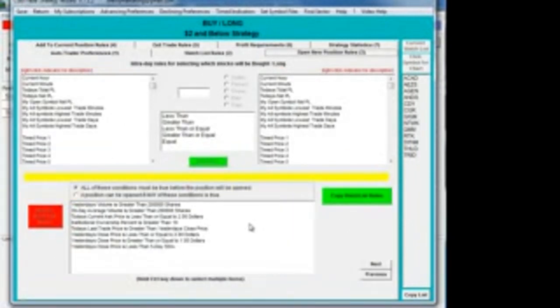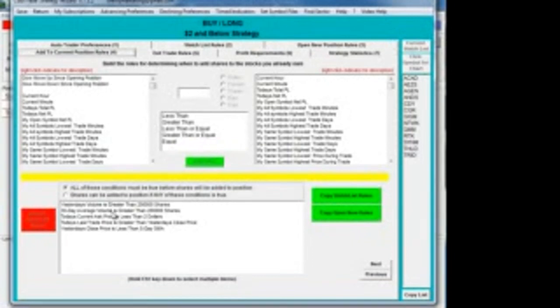All those same criteria are in effect for when you open positions as well, except an additional rule is that today's last trade price is greater than yesterday's close price, and as soon as that extra rule comes into effect, CoolTrade buys.